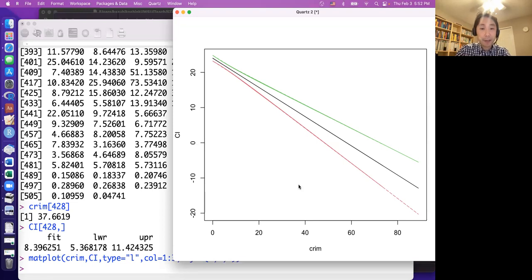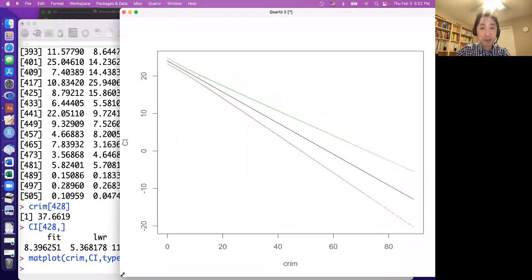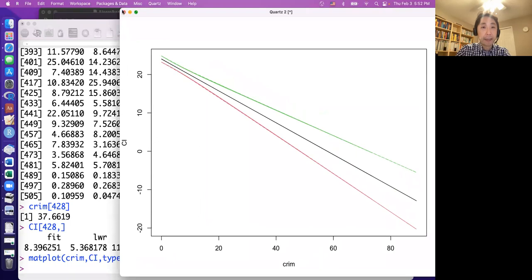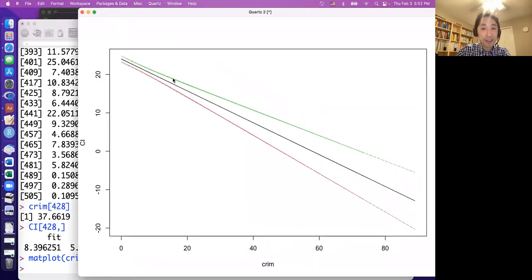Okay, so this doesn't look too bad, but you can see that we have a strange duplicated line around here. This is actually the dotted line, but we have many dotted lines here, because we connect the confidence band at each crime rate in random order.